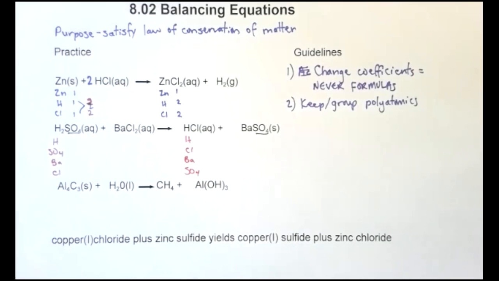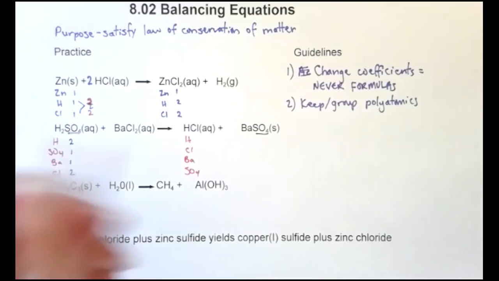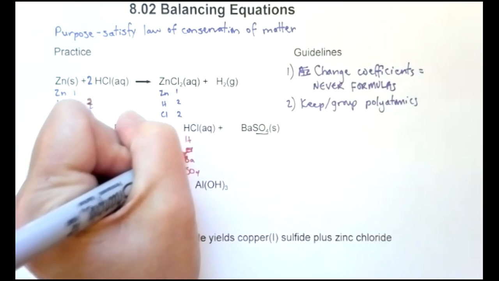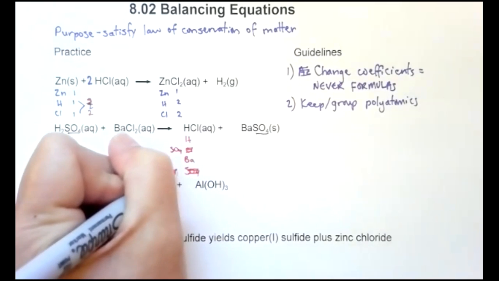Probably should have kept them in the same order, but that's okay. All right, so on the left, I have 2 hydrogen, 1 sulfate, 1 barium, and 2 chlorine. In fact, let's just do SO4. Here I've got barium, and let's do Cl here.